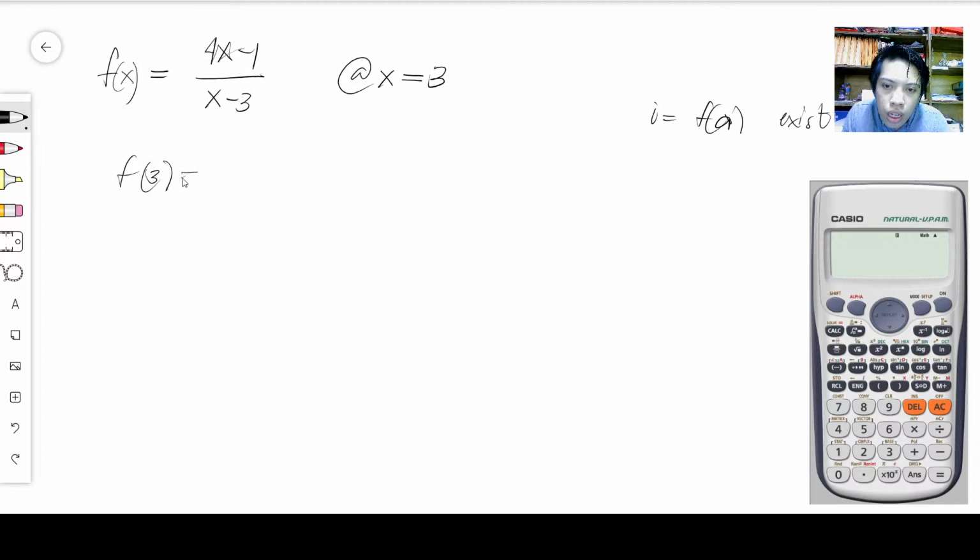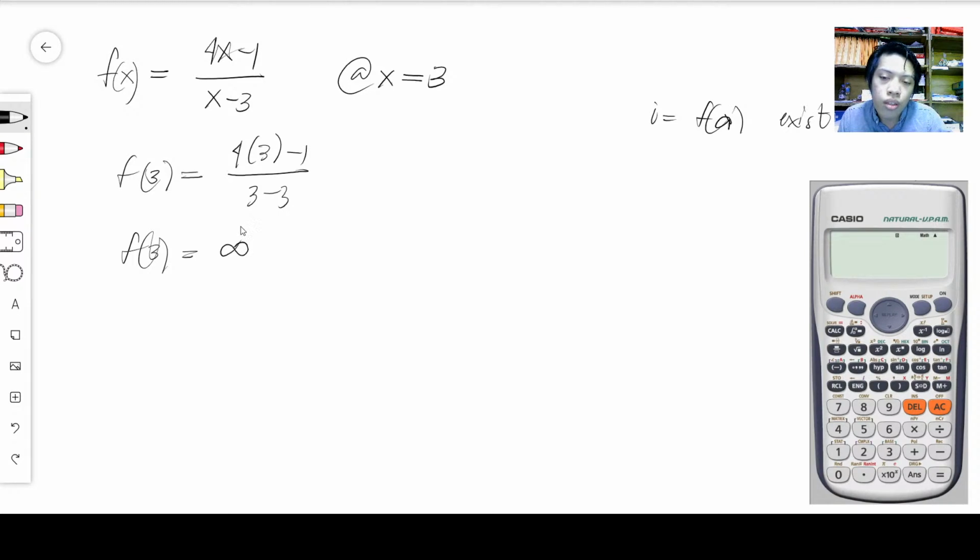The f of 3 is equal to 4 times 3 minus 1 all over 3 minus 3. Clearly, the denominator will yield 0. Any number divided by 0 is undefined. So, ibig sabihin this f of 3 is actually undefined.